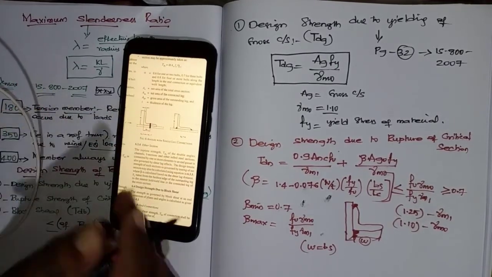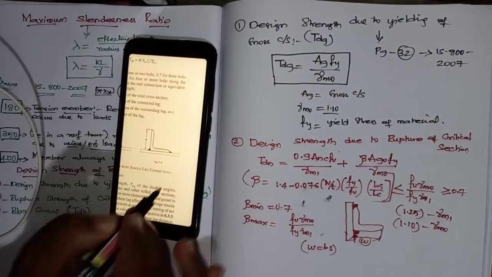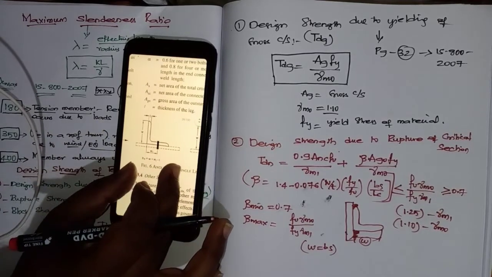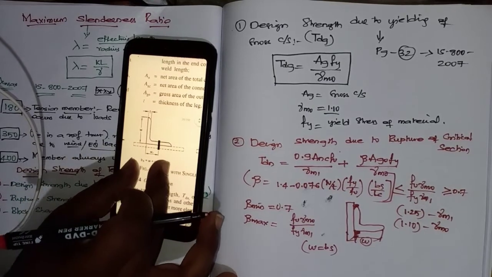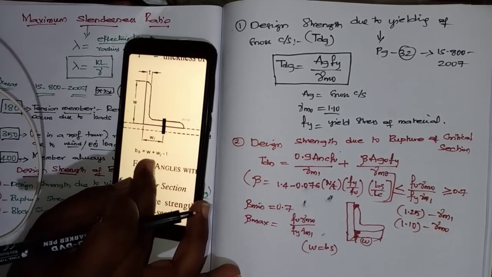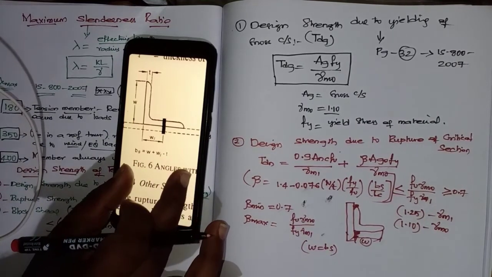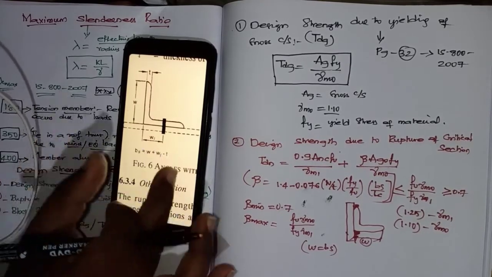Angles with single leg connections. Here, if it is welded like this, Bs equals W. And if it is connected like this, what will be the Bs? Bs equals W plus W1 minus thickness. Okay, so while doing the problems we'll try to check these values.